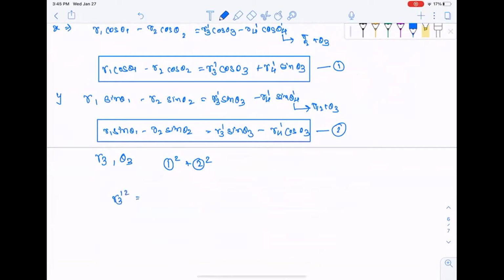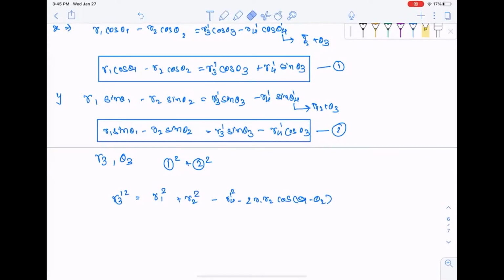I'm not going to go into the detailed steps, which you can do on your own. The final equation will be R1 square plus R2 square minus R4 dash square minus 2 R1 R2 cos of theta 1 minus theta 2 equals R3 dash square.